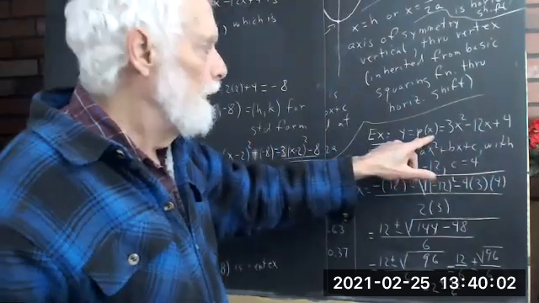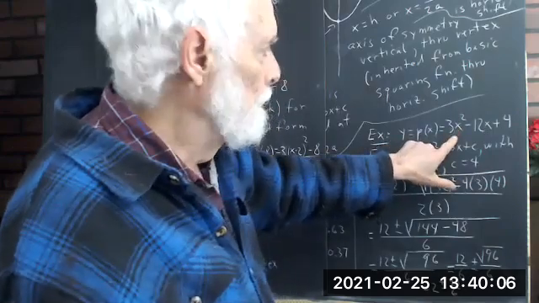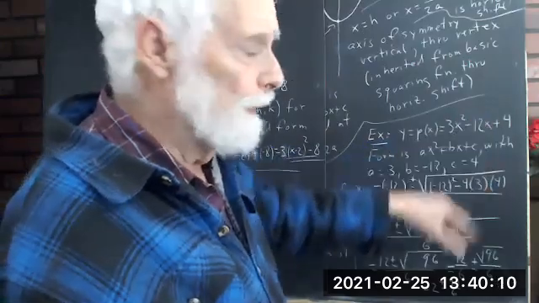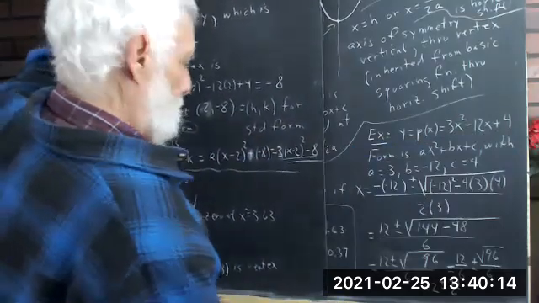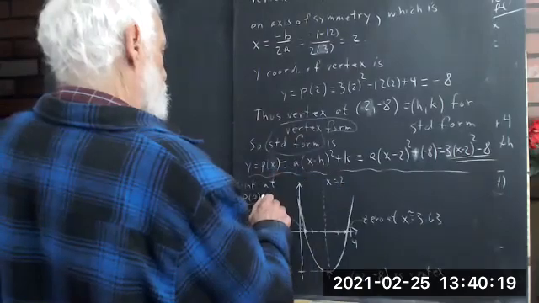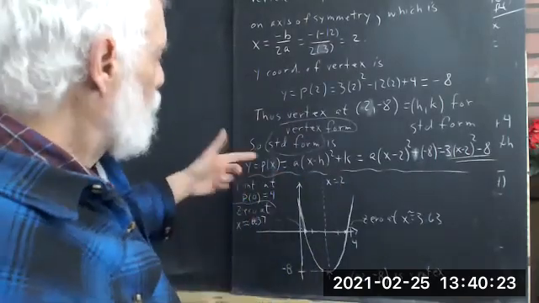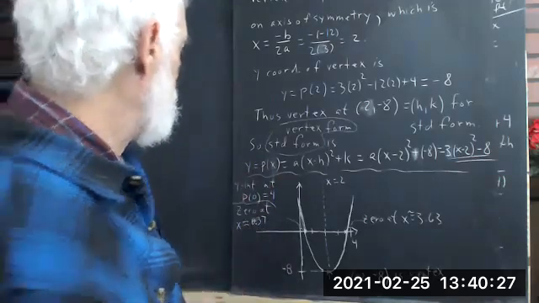If we plug in x equals 0, then this term and this term are both 0 because they're multiples of x. So we'll end up with just the plus 4. Okay, so the y-intercept is on the y-axis at y equals 4.